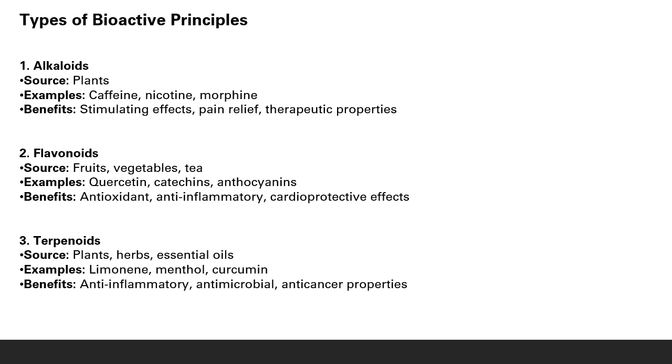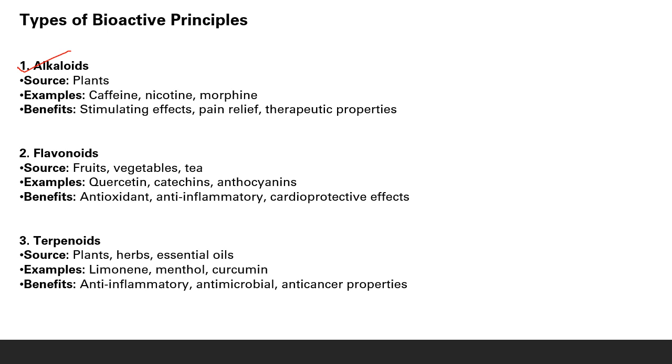First one we have is alkaloids. The source is plants. Examples of alkaloids are caffeine, nicotine, morphine, etc. The benefits of these alkaloids can be stimulating effects or pain relief or therapeutic properties, depending on which alkaloid you are studying.